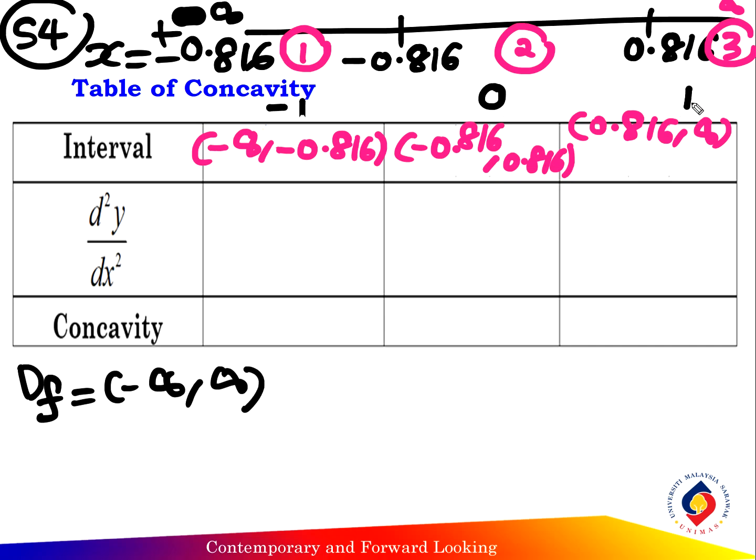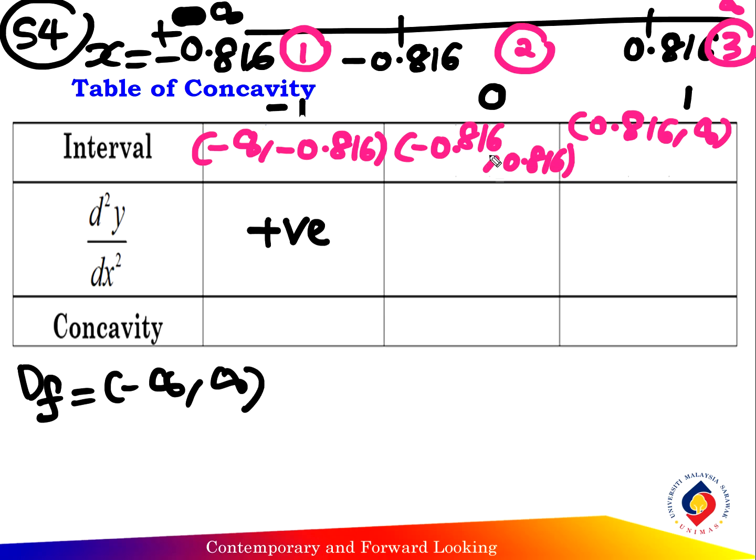Okay, so from the left, the nearest value is negative 1, and you substitute it into the second derivative of the quartic function. So the sign of the second derivative here is positive.